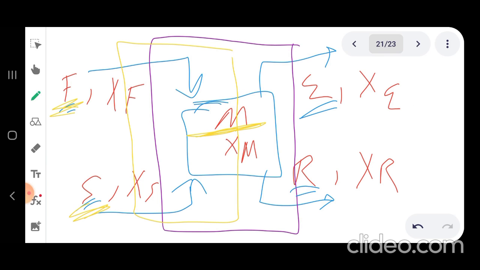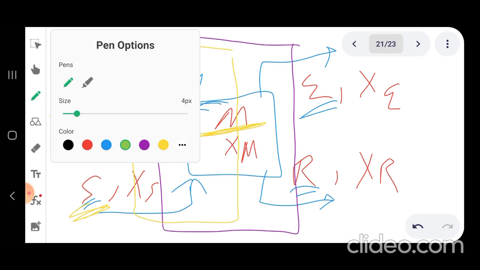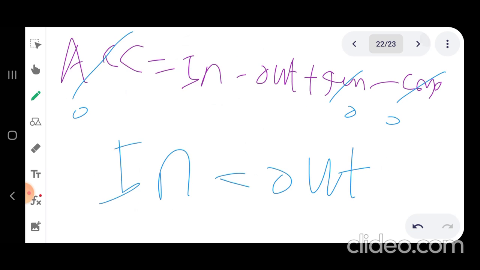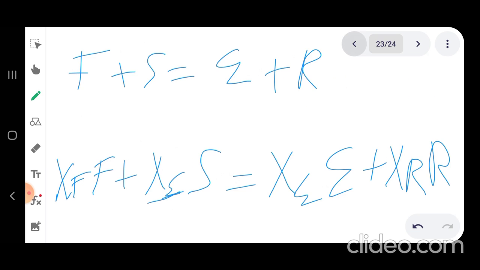And if you would like to focus on this system, you have M equal to E plus R. So usually I like to write it in this way: F plus S equal to M equal to E plus R.